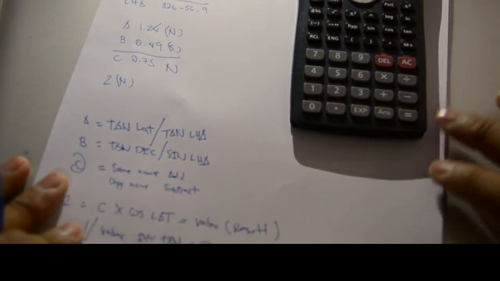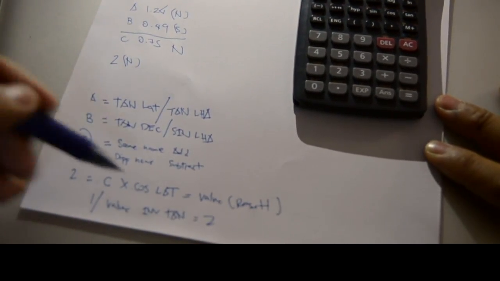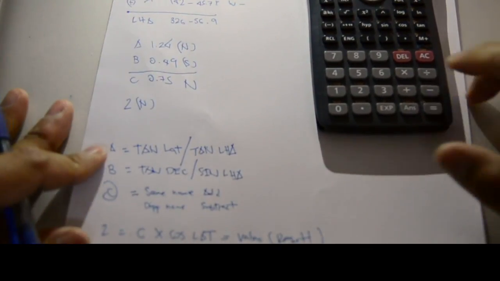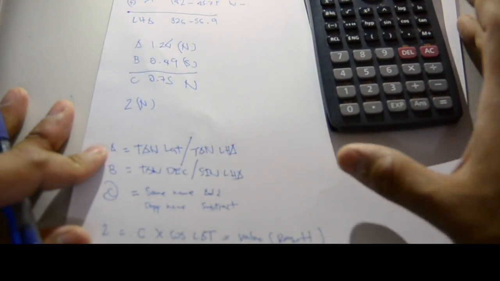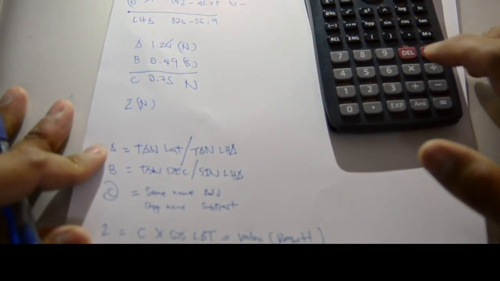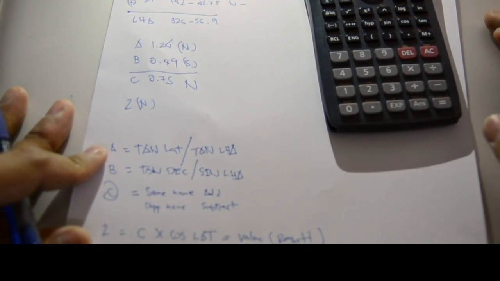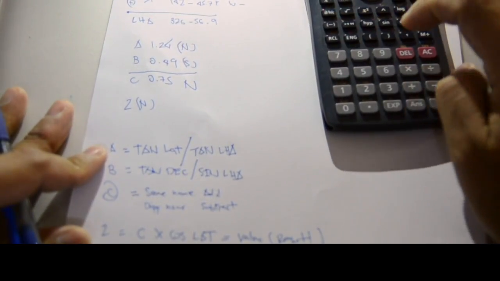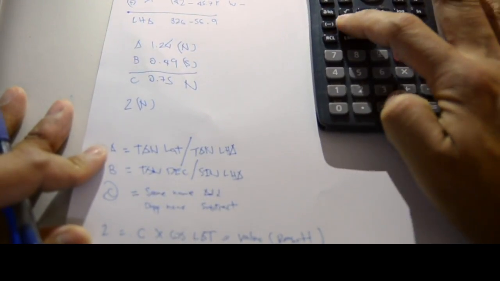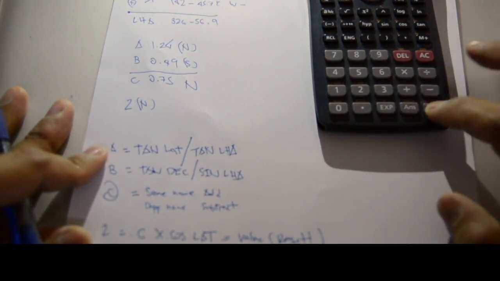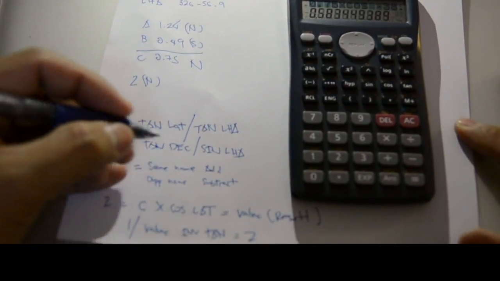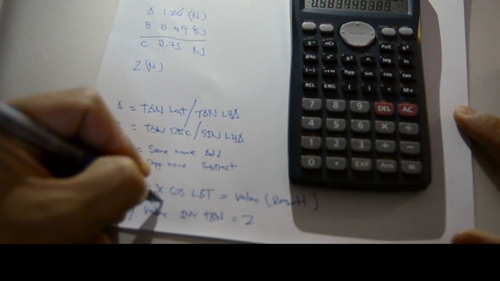Then we will compute for the Z. As per my formula, Z is 0.75 times cosine latitude, which is south, so negative 38°55.7', then equals 0.58.